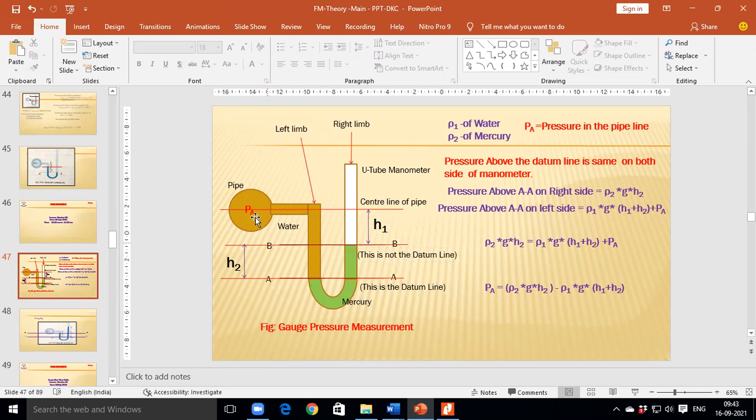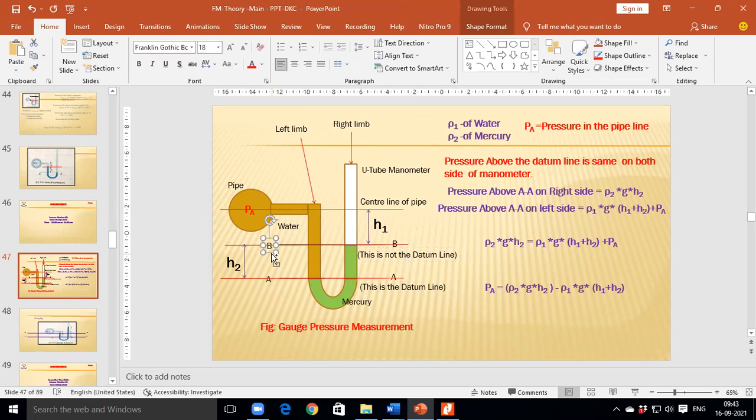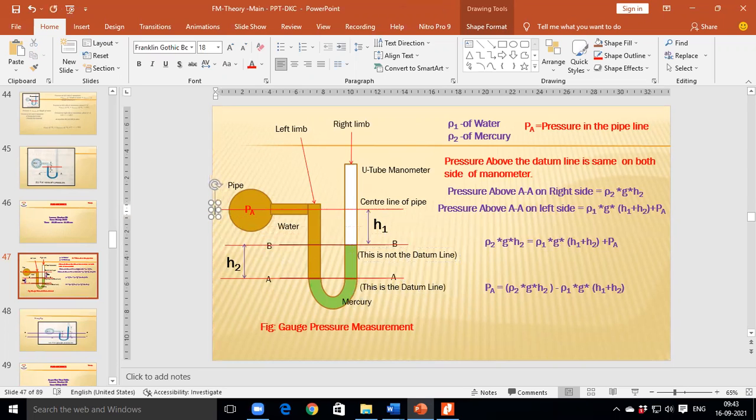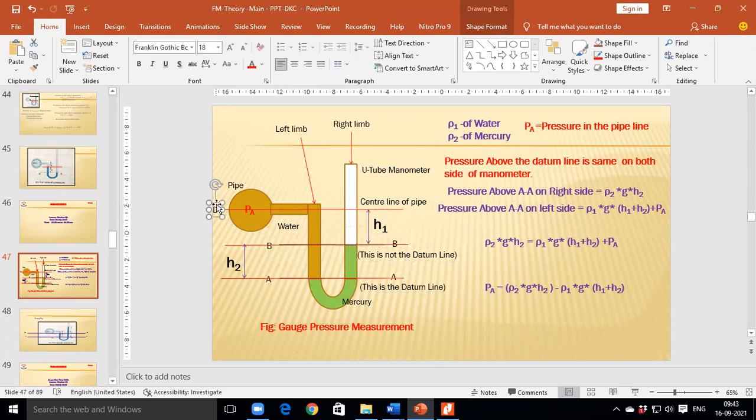Then, again, there is one more line. This line we can call D. So what does this D represent?